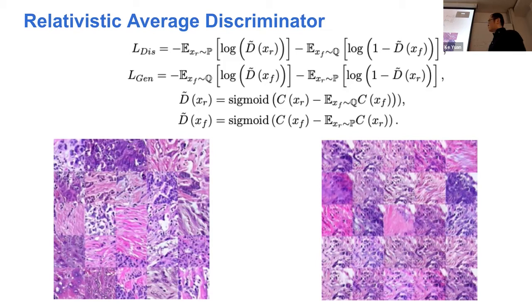Here I'm showing you two examples. On the left is the image generated by the GAN with this loss, and this is the image generated without it. I hope you can appreciate that this one looks a lot more blurry. Unfortunately, we don't have any scientific reason why this is happening, but this is what we observe in our experiments.